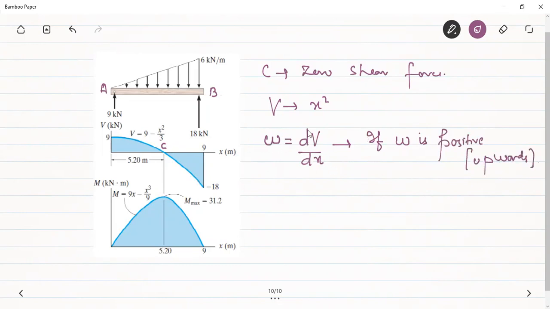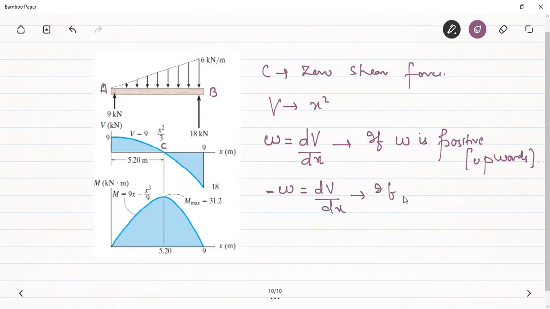So omega is equal to dV by dx. This is the intensity of the distributed load. If this distributed load is acting in the upward direction, then we have to take it to be positive. But in our case, this distributed load is acting in the negative direction, therefore minus omega, dV by dx.